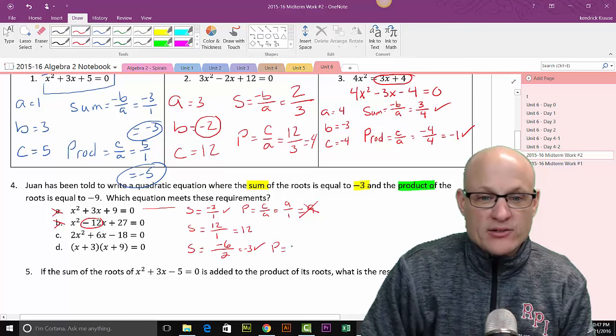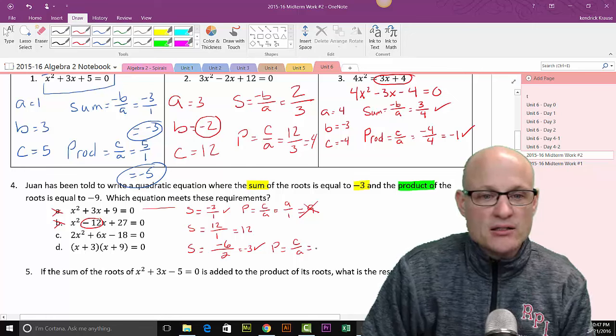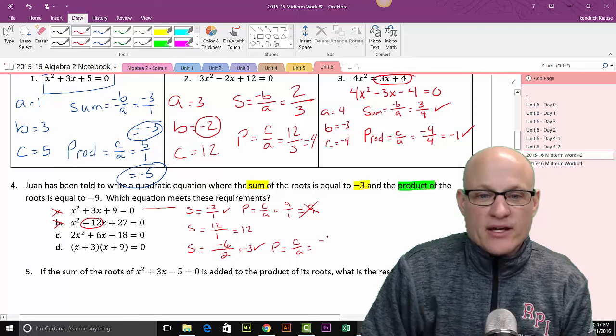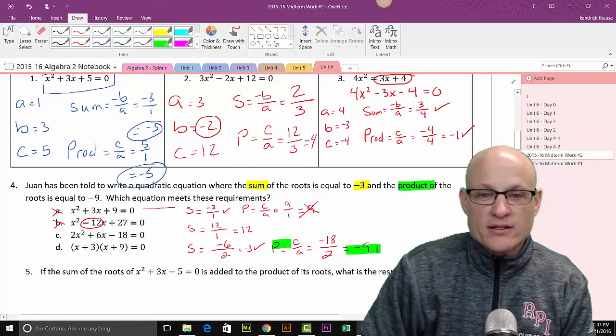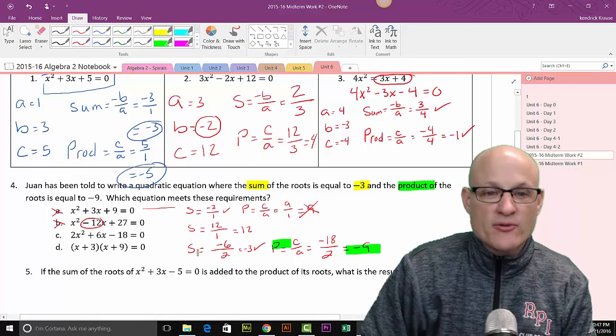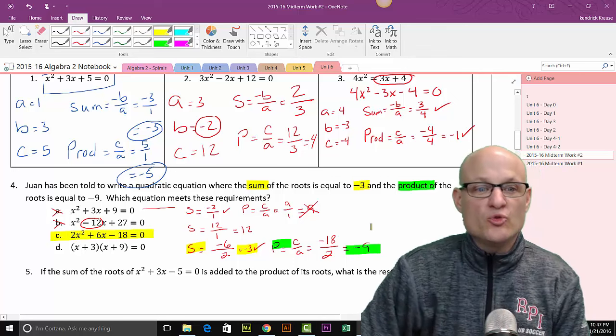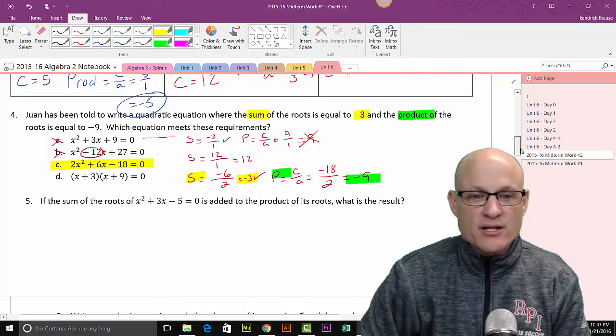And the product is equal to c over a, which is -18 over 2, which is equal to -9. So my product was in fact -9, and my sum for this one was in fact -3, so there's the answer, choice C.